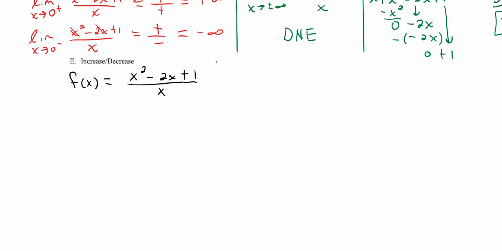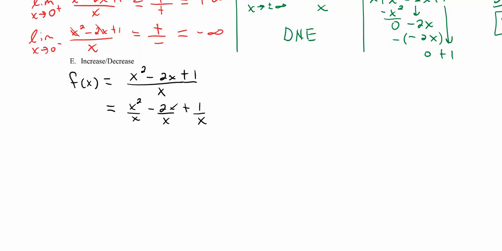Well, we could do the quotient rule, right? That'd be fine, but it gets a little bit messy. We could also rewrite this as x squared minus 2x plus 1 times x to the negative 1 and use the product rule. But the other thing we could do is just rewrite this right off the bat. This is the same thing as x squared over x minus 2x over x plus 1 over x, right?